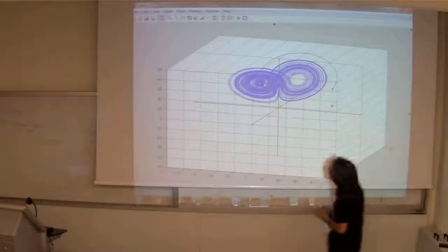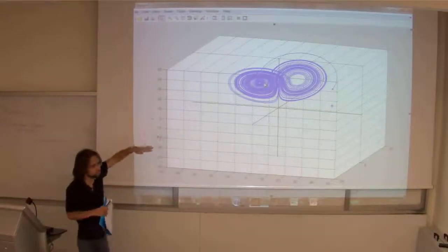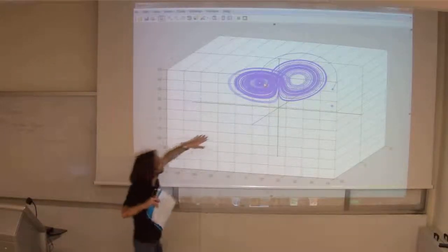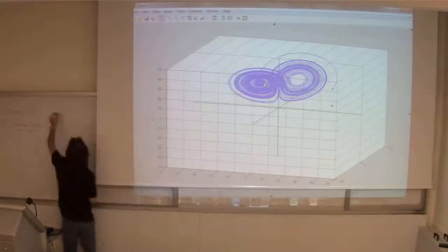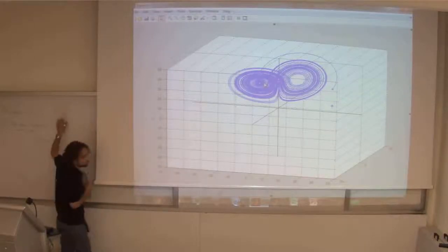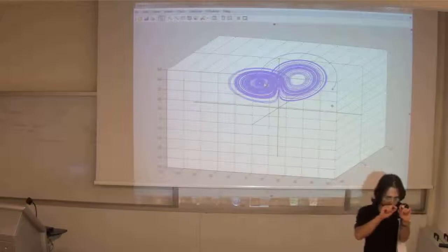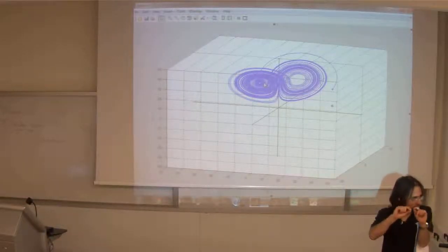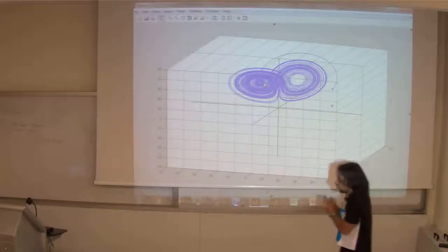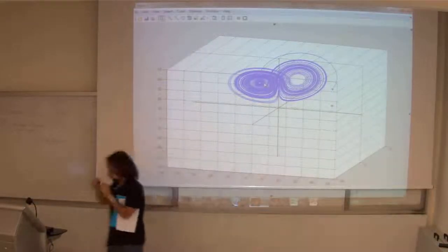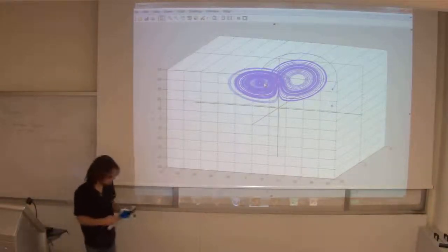So this butterfly surface that we are on is almost a surface. It has a dimension of 2.05. The lines occupy a surface, but they kind of jitter around it. It's not a two-dimensional surface. So they jitter around it, and this makes it possible to never repeat.